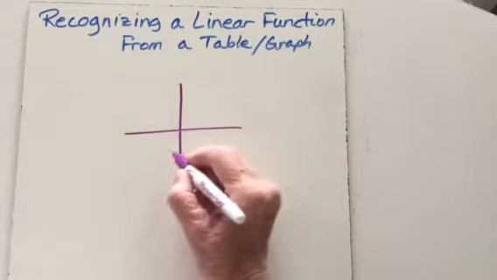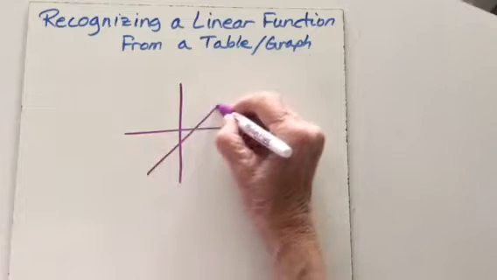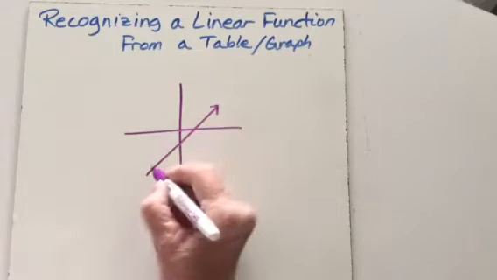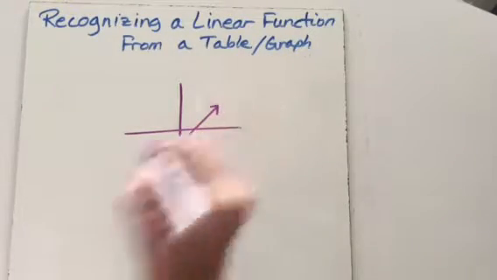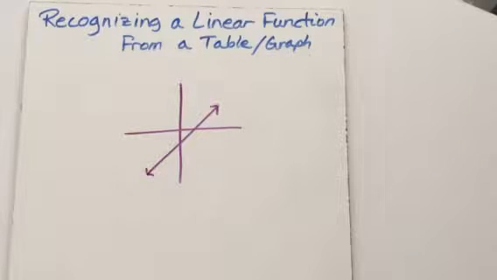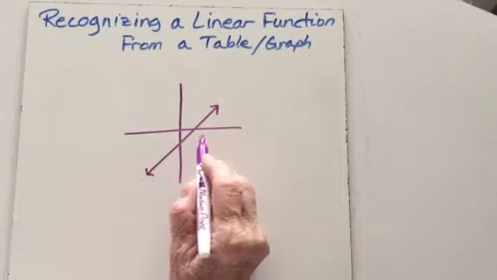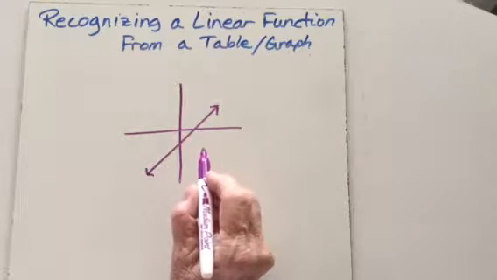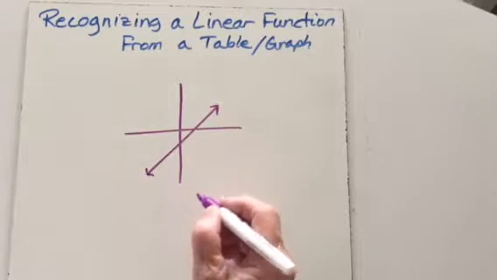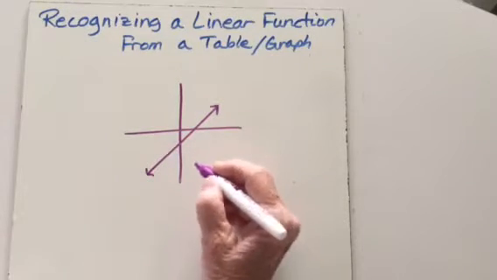If I have a straight line graph that goes on forever in both ways, positive and negative, I can tell if this is a function by doing what we call a straight line test.